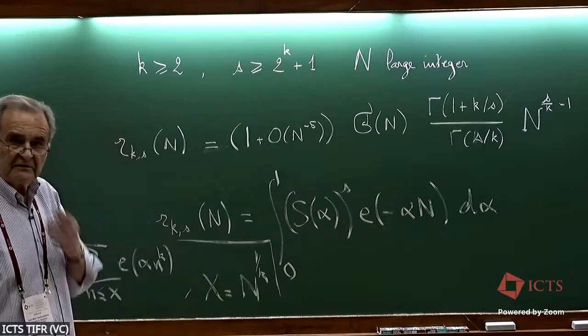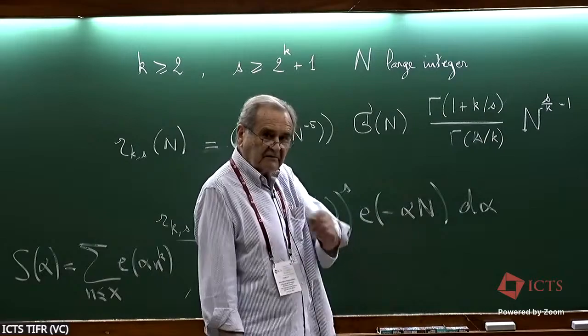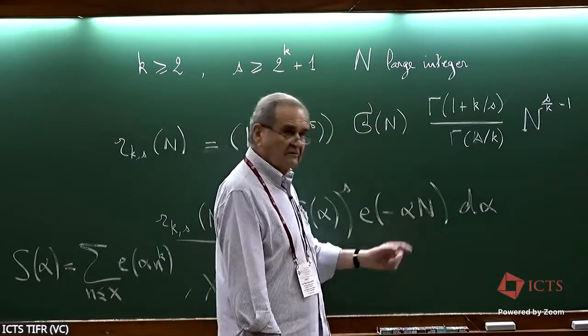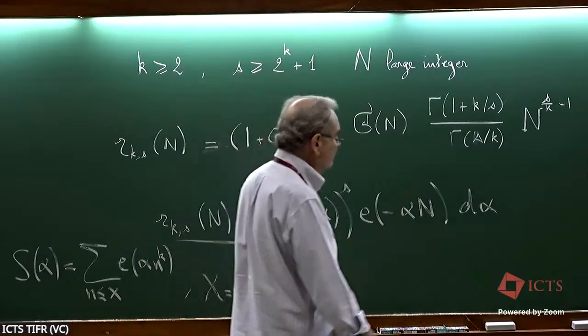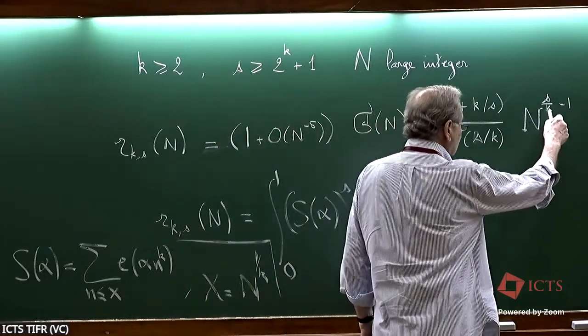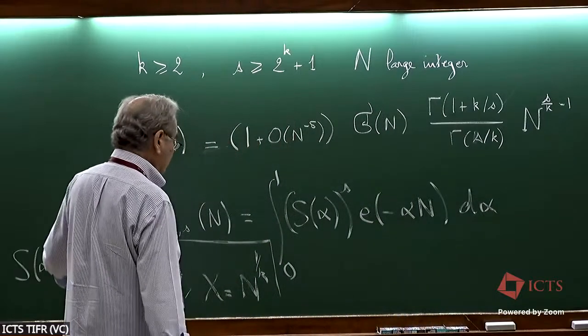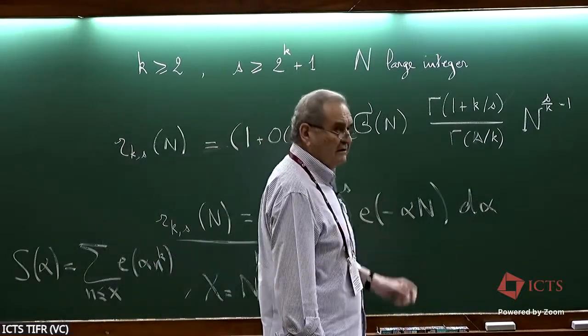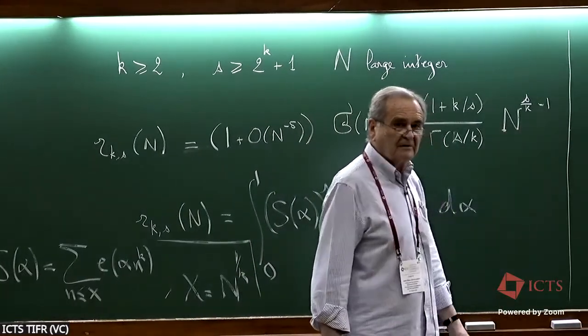If you don't want to have oscillation, because if alpha is 1 over n, this is just fixed and close to 0. The argument is close to 0 and the value is close to 1. So already you get something which is n to the 1 over k, which is the size of this, and you are integrating on an interval of length 1 over n, and so this is responsible for the minus 1.